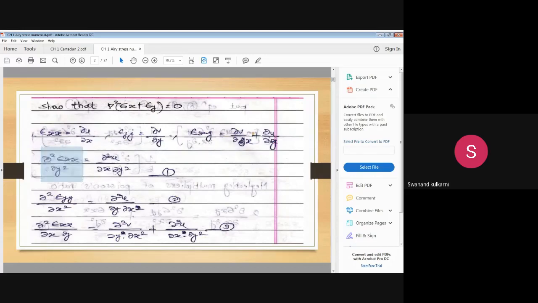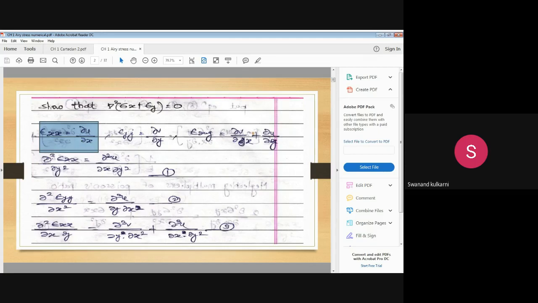Now, as a first step of the derivation, in order to prove del square phi is equal to 0, because we already assumed in case of Airy stress function that del square phi is equal to 0, where phi is the potential function and del is a Laplace operator, let us take the support of the equation epsilon xx is equal to dou u by dou x.